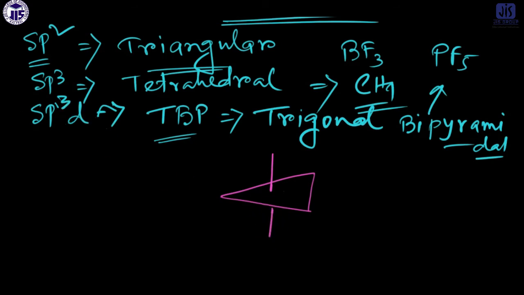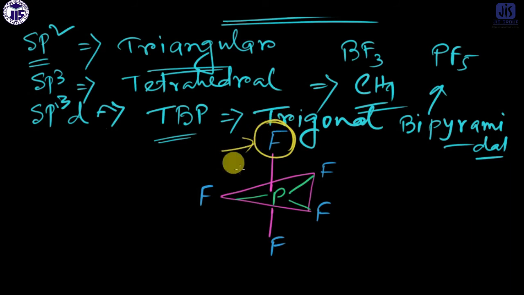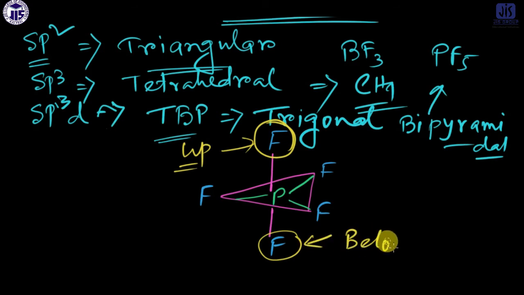Here it is the P, and there are also three bonds in the plane, and all the atoms are F. This fluorine is on the upper side of the plane, and this is on the below side of the plane, and this one is the plane actually.